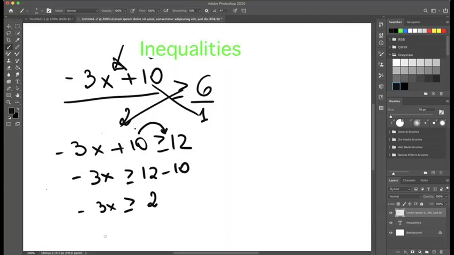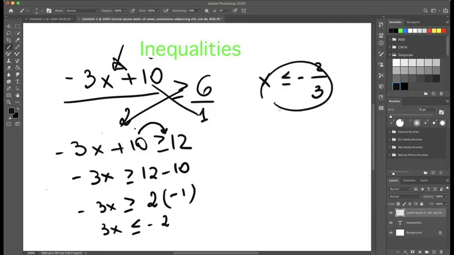So you can do it in 2 steps, not just one, like in the previous example. You can first of all multiply or divide both sides by negative 1, flipping the sign, then divide by 3. So x is less than or equal to negative 2 over 3.